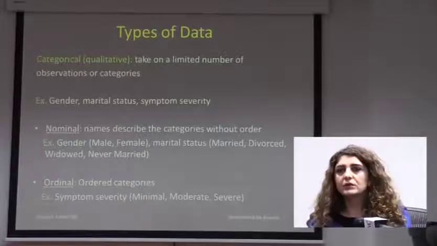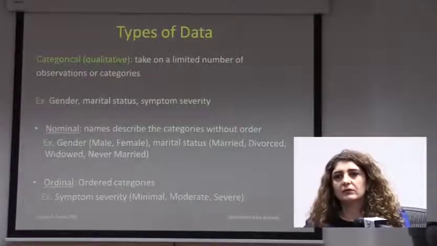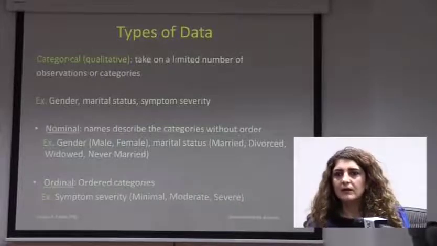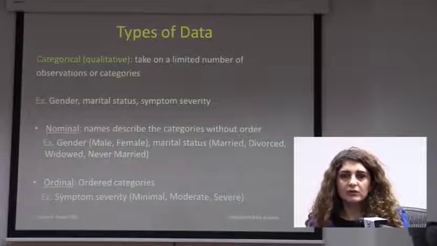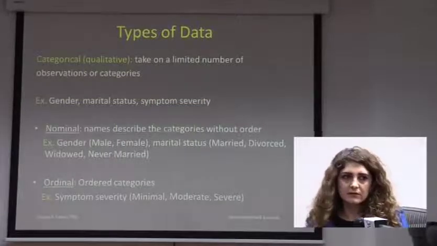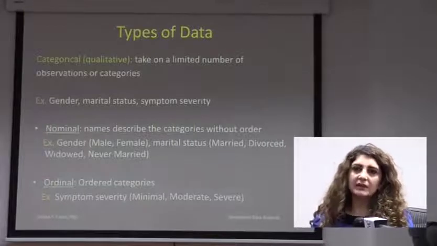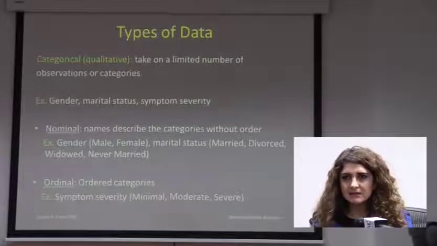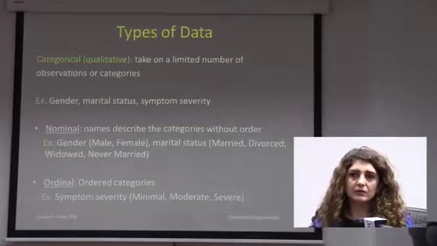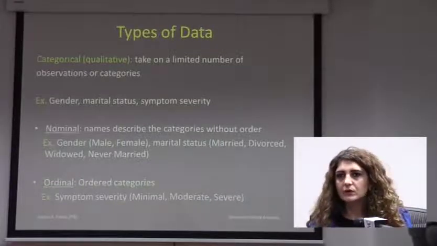So this is called a nominal variable. But sometimes the categories I am using do have a certain order, like symptom severity. I'm going from minimal to moderate to severe. So here, in addition to only having categories, the categories have one higher than the other or lower than the other. So this is called ordinal data.